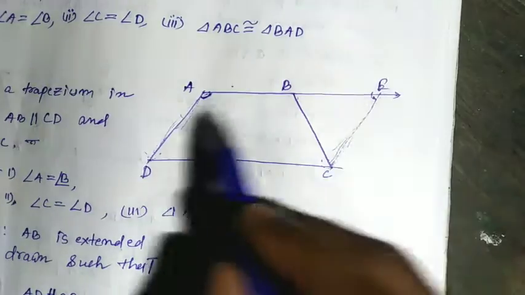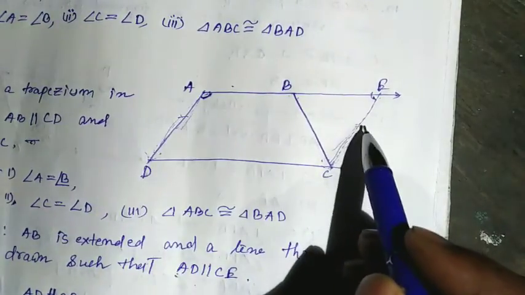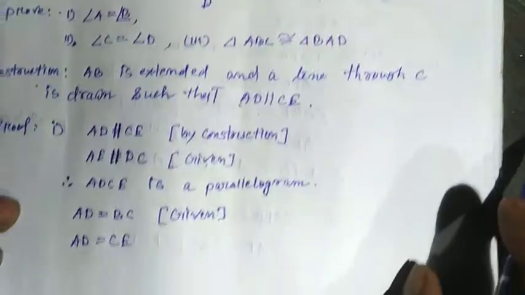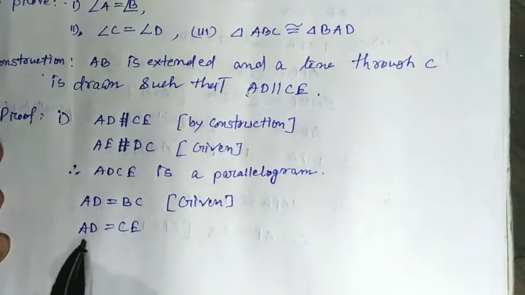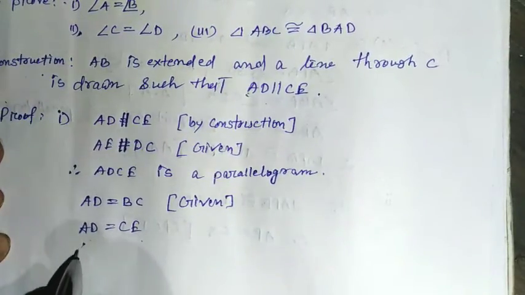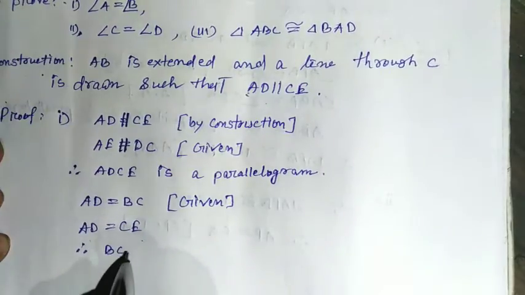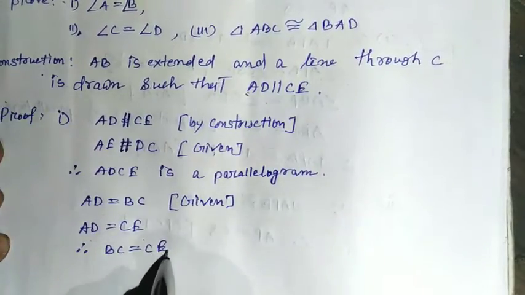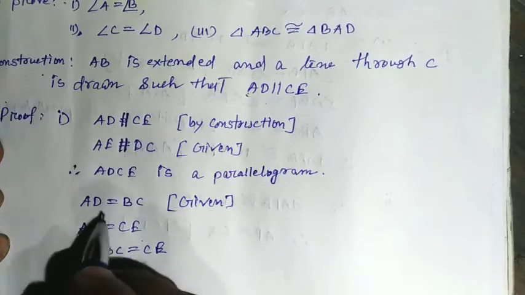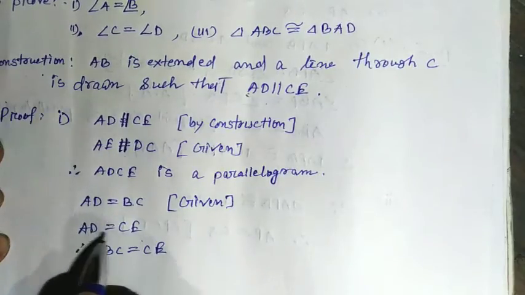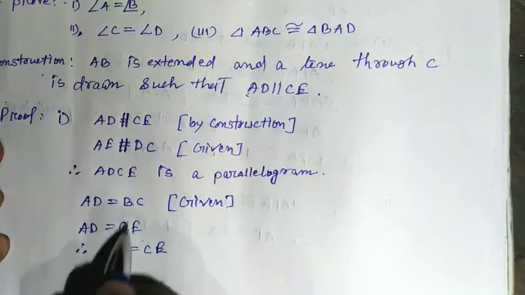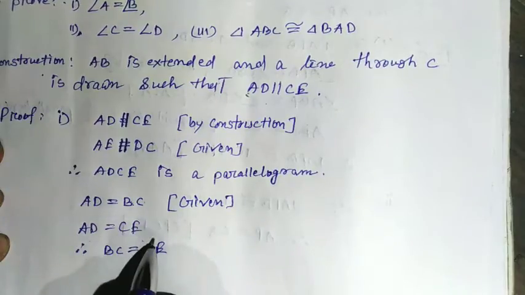ADCE is a parallelogram, so opposite sides of a parallelogram are equal. So from these two, AD is equal to BC and AD is equal to CE. Therefore BC is equal to CE. Yes or no? Because AD is equal to BC and the same AD is equal to CE. So from these two equations we can write BC is equal to CE.